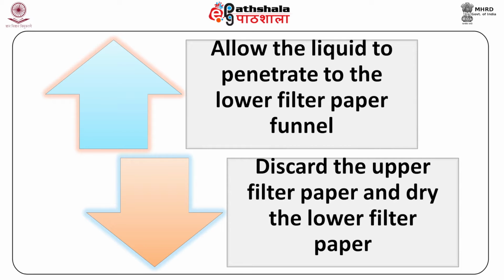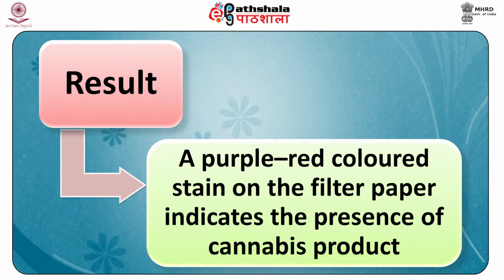Discard the upper filter paper and dry the lower filter paper. Now add a very small amount of the solid fast blue B reagent to this lower paper and add 2 drops of solution 2. A purple red colored stain on the filter paper indicates the presence of cannabis product.